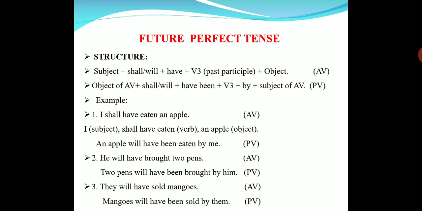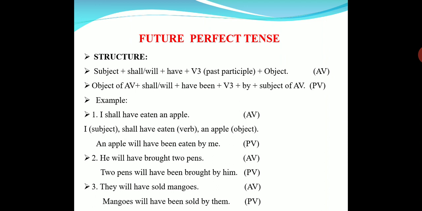And we have to add will and then have, and the be form we have to add is been, and V3 form of brought, already brought. In perfect tenses already there will be V3, so the same we can take, and then we have to add by, and he becomes him in the place of object. So what is the full sentence? 2 pens will have been brought by him.